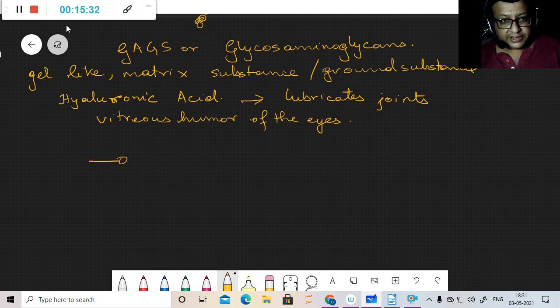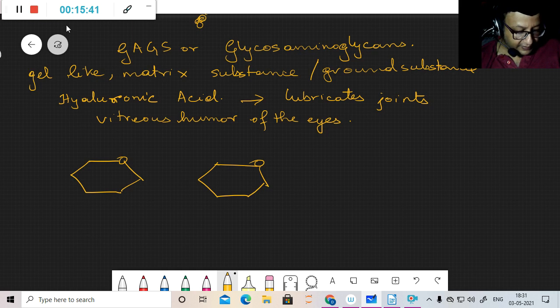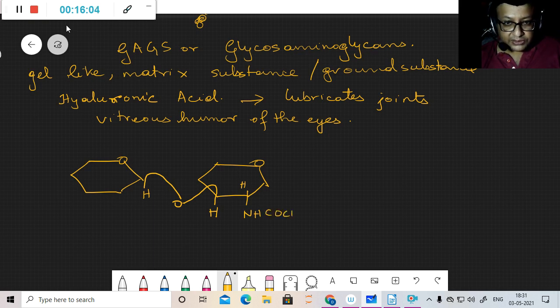Let's draw this structure once more. First draw the two glucose structures. The H starts from here, and it goes here, there is the O, and from here the structure is like this, and then you have the H over here, you have NHCOCH3 group coming over here.